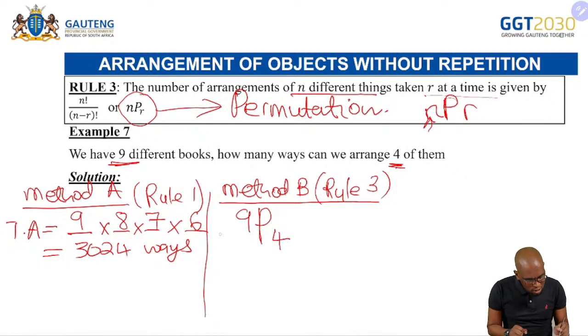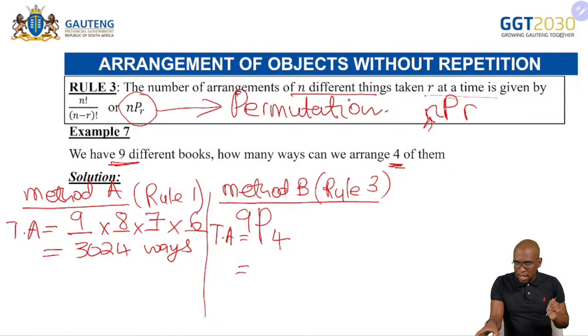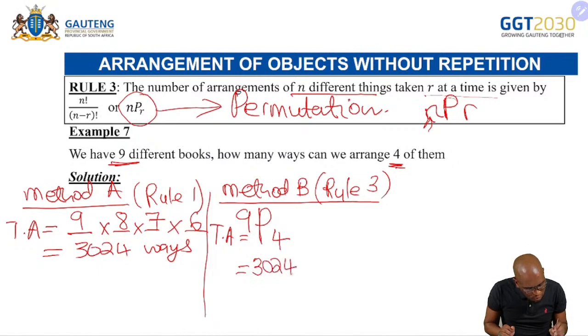That would be the total arrangement. If you put that in your calculator, you start with 9, then you go to the permutation button and permute 4, and you're going to get the same answer. It's the same set of solution, right?